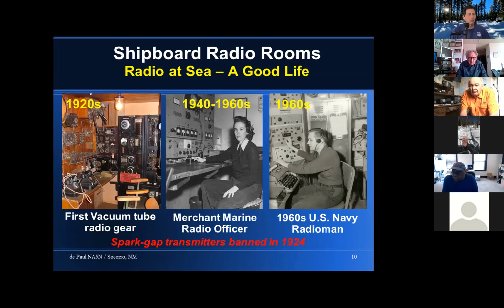Now, we should point out that the merchant marine during the Titanic time, well, there was no such thing. The radio operators were employees, in the case of the Titanic, of the Marconi Company. They were not employees of the steamship line, the Cunard line, but rather were employees of Marconi.